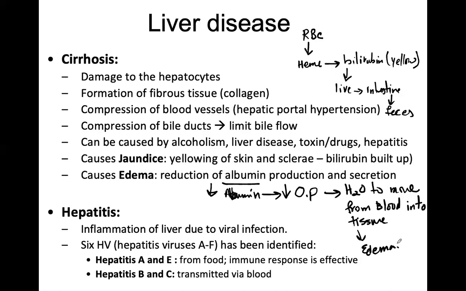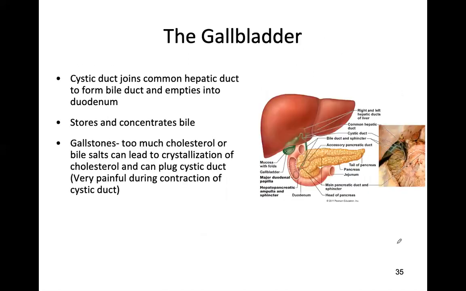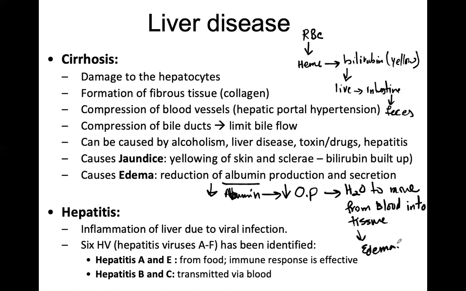You also have hepatitis B and C, which are transmitted via blood. Hepatitis B has a vaccination, however they're still working toward a hepatitis C vaccination. Please also note that there is a vaccination for hepatitis A and E as well.